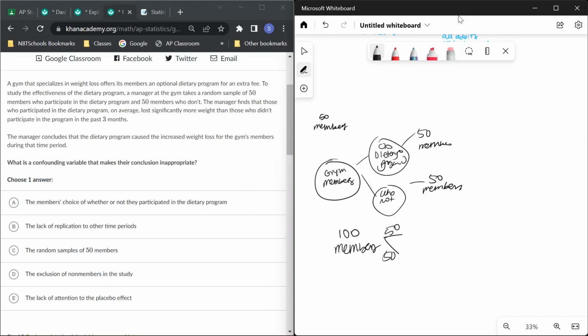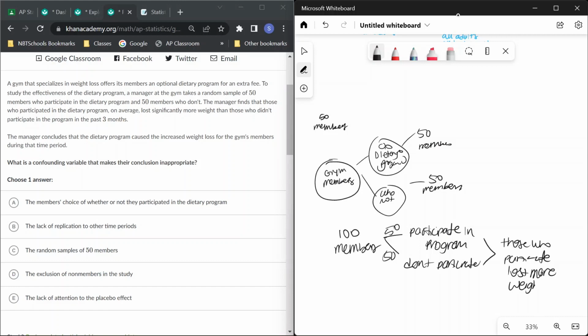So the manager finds that those who participate in the dietary program, and they compare the results with those who don't participate, and they said, okay, those who participate lost more weight.